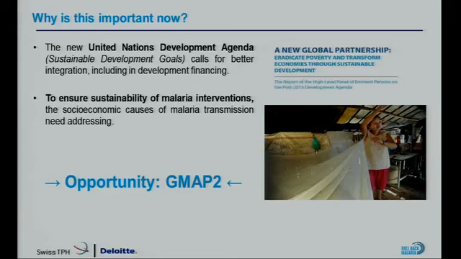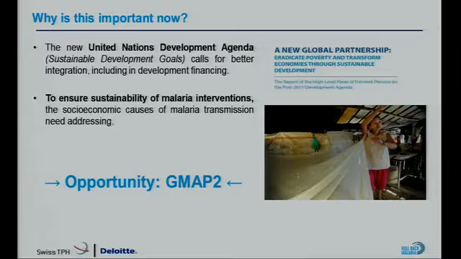Well, the new UN Development Agenda calls for better integration, including in development financing. That was made specifically clear in the drafting of the SDGs, or Sustainable Development Goals. And also to ensure sustainability of malaria interventions, the socioeconomic causes of malaria transmission need to be addressed.